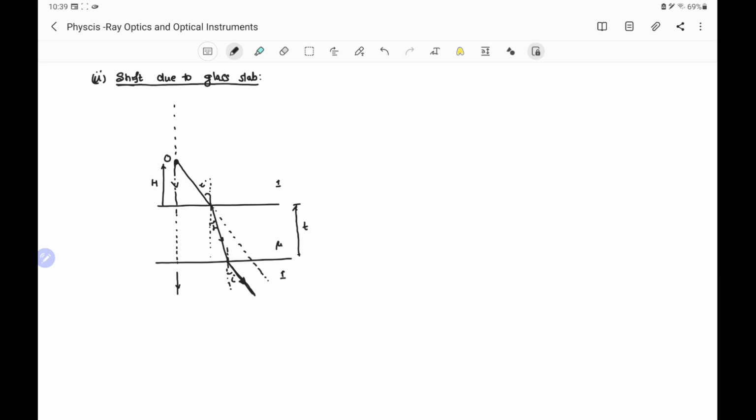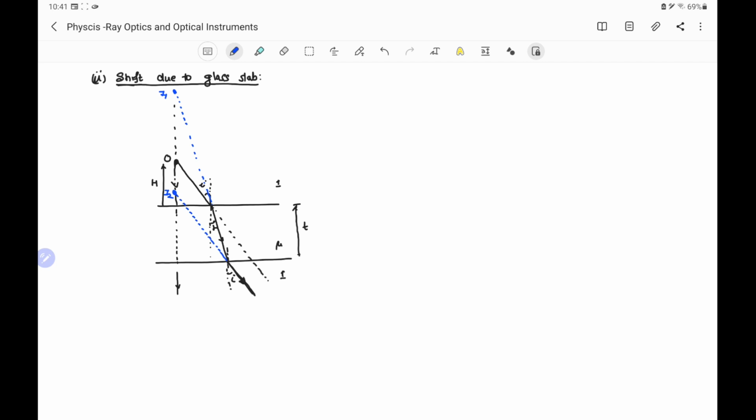On backward tracing the first refracted ray, we get a point I1. This is the first image of the object due to the first refraction, and on backtracing the second refracted ray from the second surface, we get the image I2.